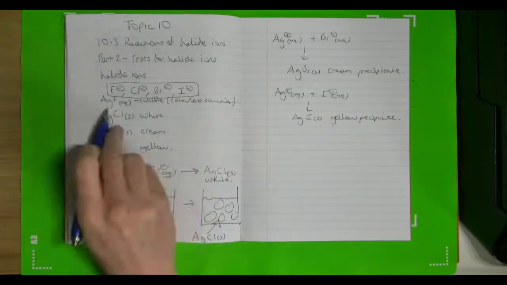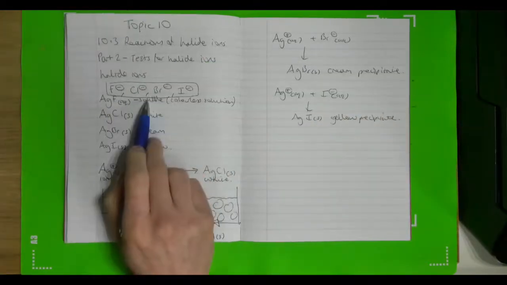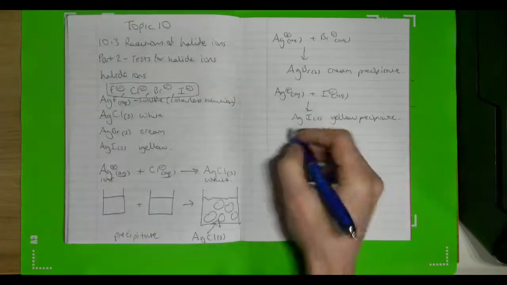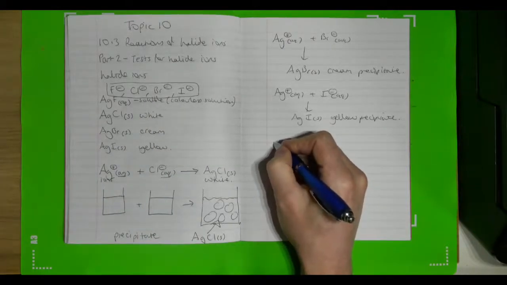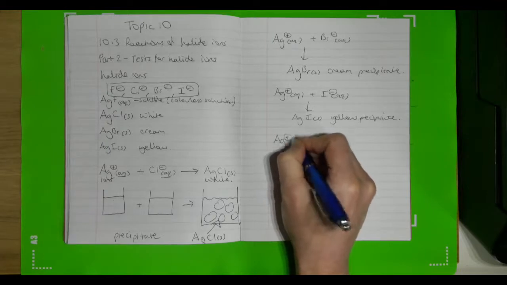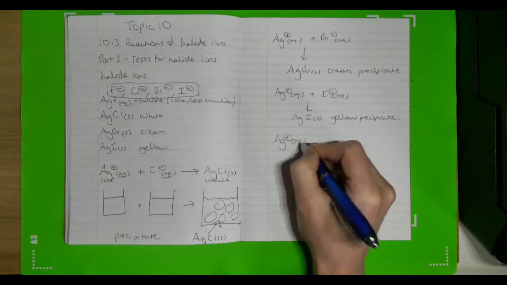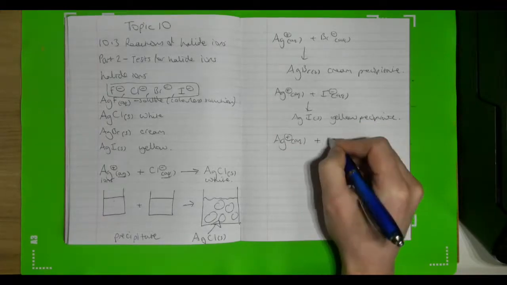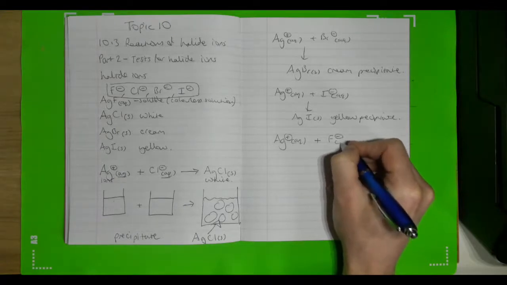Okay, let's go back to this AgF one. Now we know that one's soluble. So if I wanted to test for fluoride ions, this method would not work. You cannot test for fluoride ions using this method.